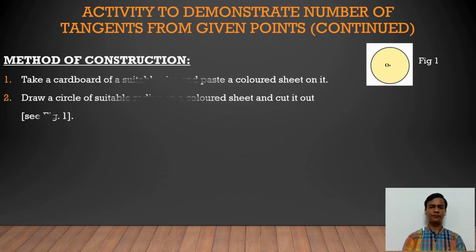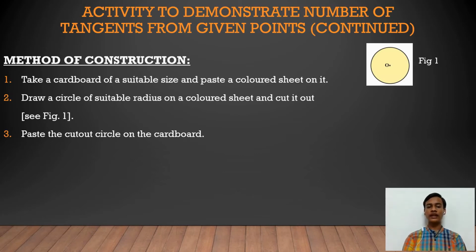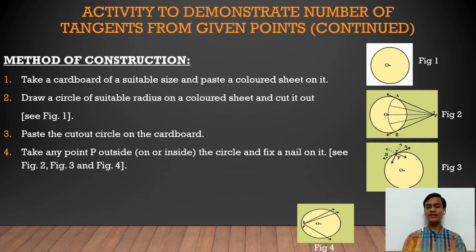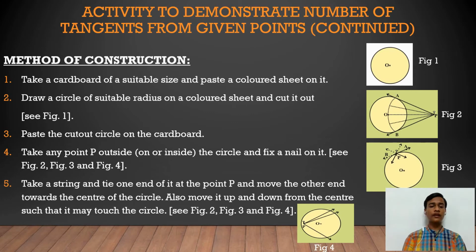First, we'll take a cardboard sheet of any suitable size and paste a colored paper sheet on it. Then, we'll take a colored sheet, draw a circle of any radius on it and cut it out. Then, we'll paste that cut-out circle on the cardboard. Then, we'll repeat these steps thrice.